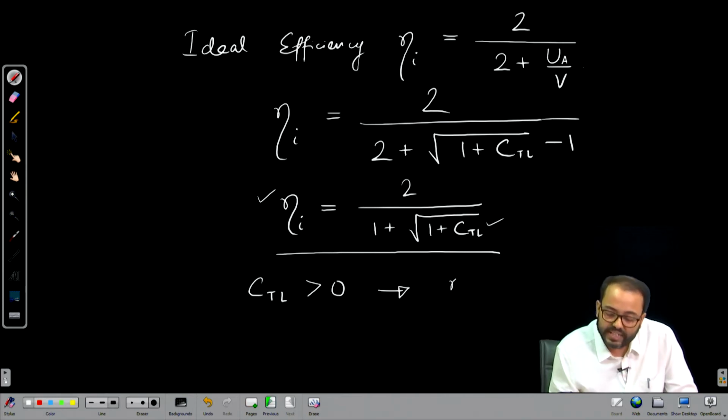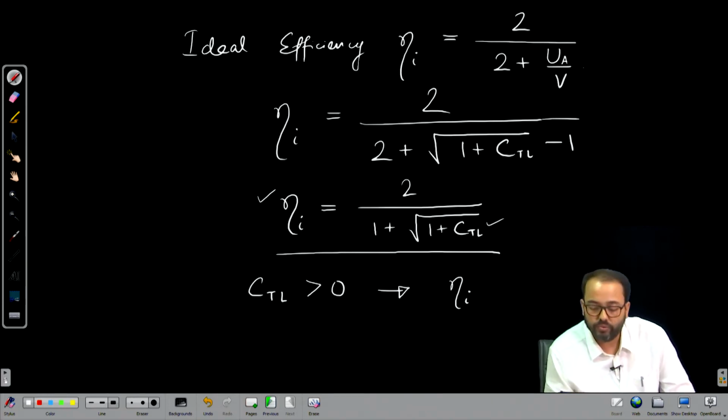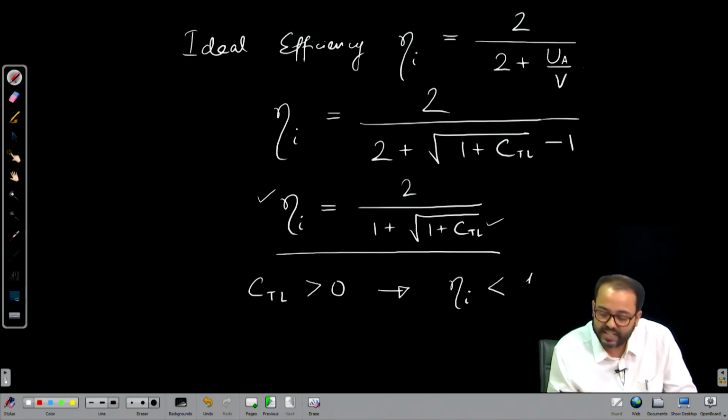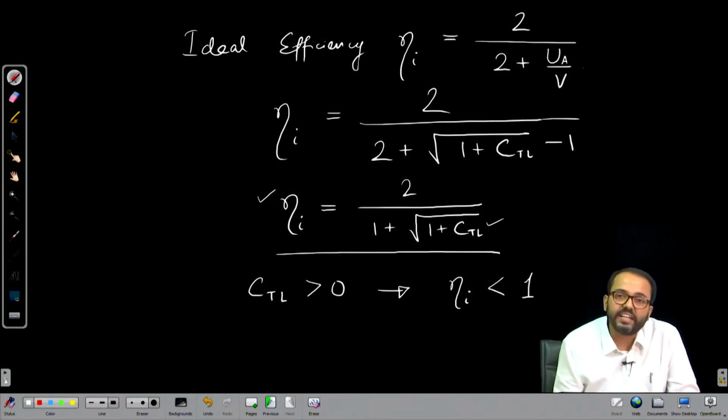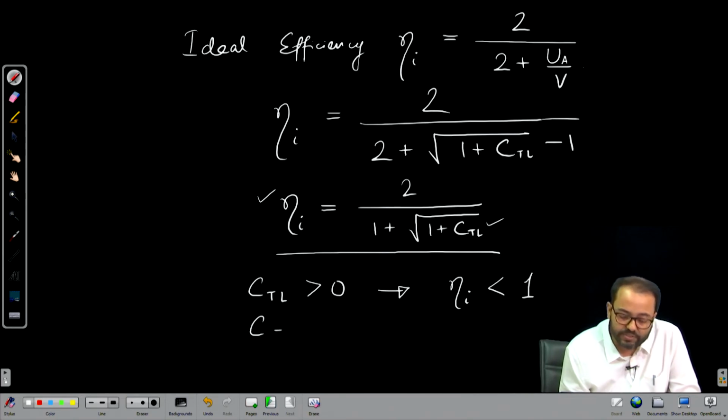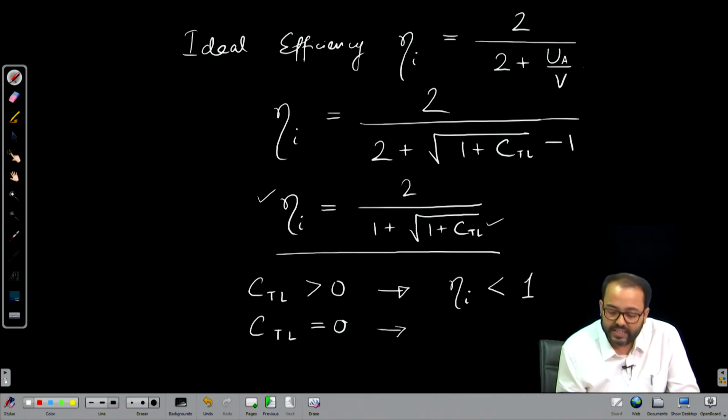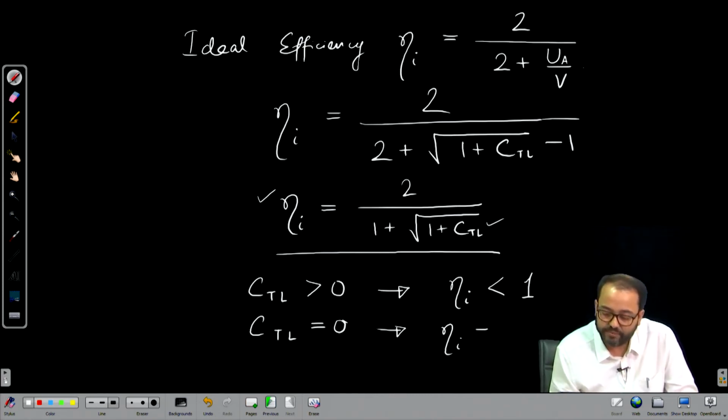So, eta I will be 2 by something which is greater than 2. So, eta I will be less than 1. Okay. So, the only condition where we can get an ideal efficiency of 1 is the case where CTL is 0. Then only from this equation we will have the ideal efficiency equal to 1.